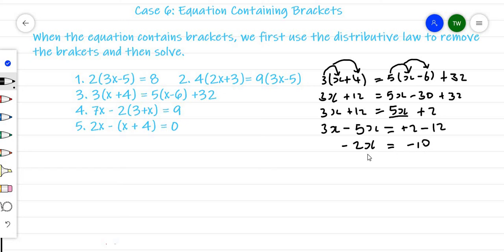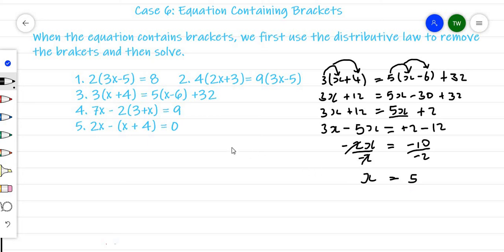All I need to do now is to divide both sides by negative 2. And that will give me the value of x. So negative 2 will cancel out negative 2, leaving back with x. And negative 10 divided by negative 2, that's going to give me positive 5. So therefore, x is equal to 5.